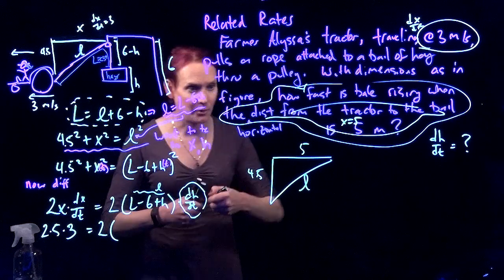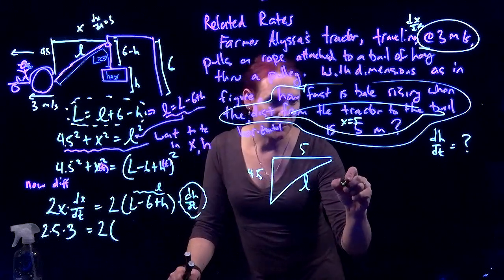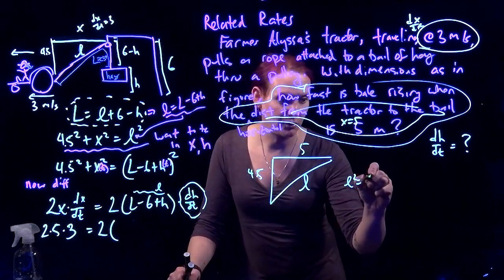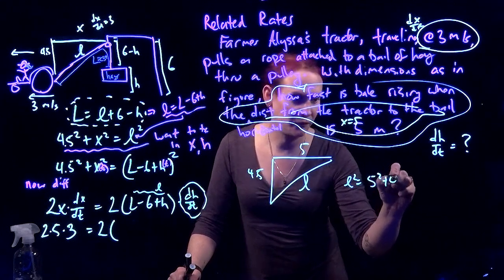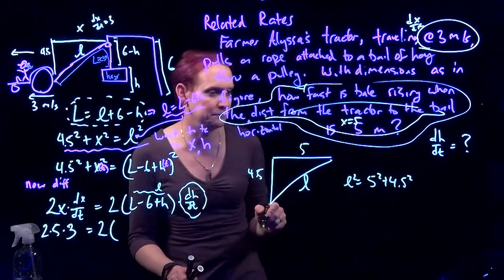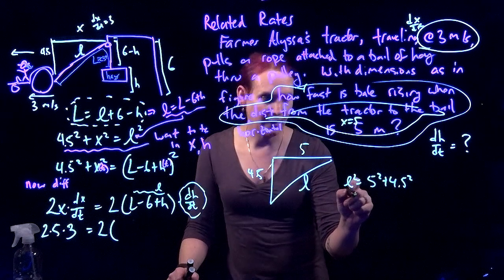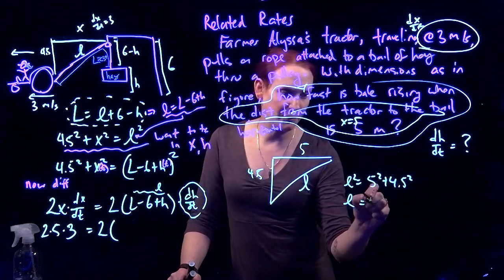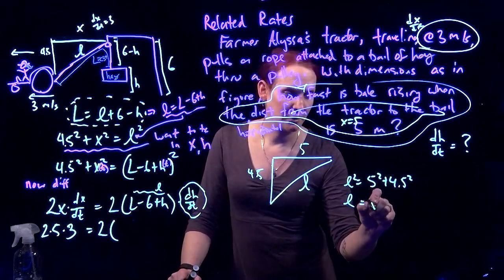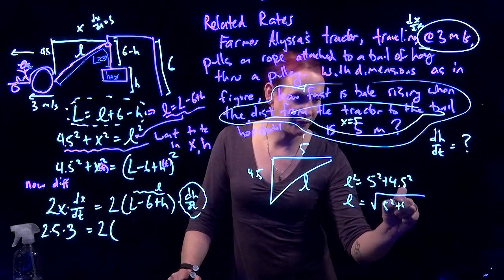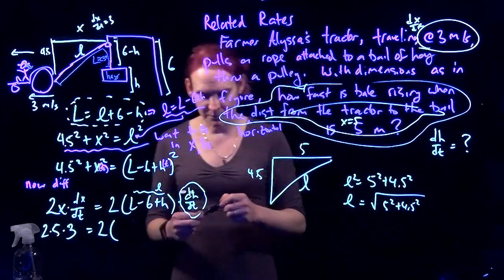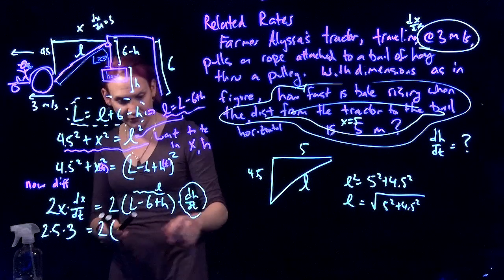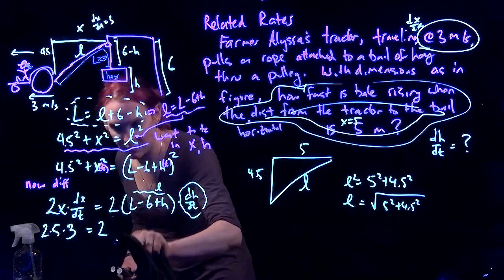So I know that L squared is equal to 5 squared plus 4.5 squared, or that L is equal to the square root of 5 squared plus 4.5 squared. So then I get to put that right here.